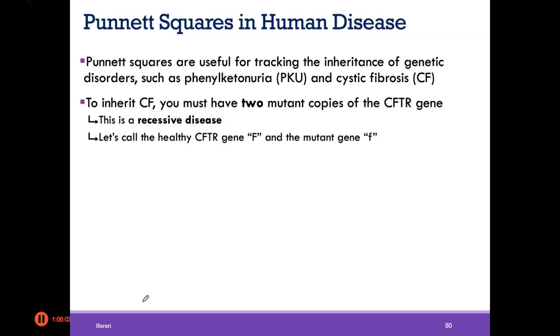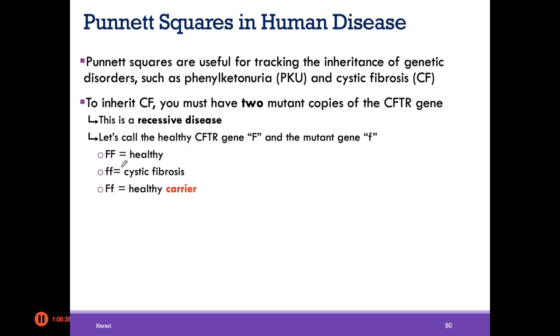We can call the healthy CFTR gene big F and the mutant CFTR gene little f. So somebody who is big F, big F is completely healthy. Somebody who's little f, little f has cystic fibrosis. Somebody who's healthy has two copies of the good CFTR protein. Somebody with cystic fibrosis has not one good copy of the CFTR protein.